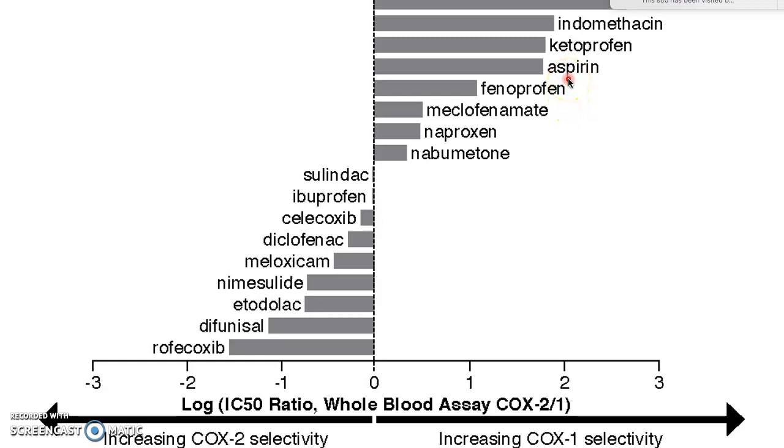A lot of people will take that when they have cardiovascular disease because aspirin will block the COX-1, so it's blocking more thromboxane and tipping the scale over more towards prostacyclin, and its vasodilation and preventing platelet aggregation, so that it does its job as an antiplatelet to help prevent heart attack and stroke. And some others that are used clinically are ketoprofen, indomethacin, naproxen. All these lean a little bit more to the COX-1 side.